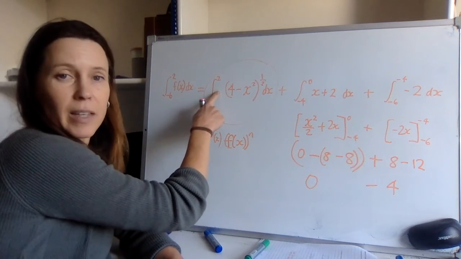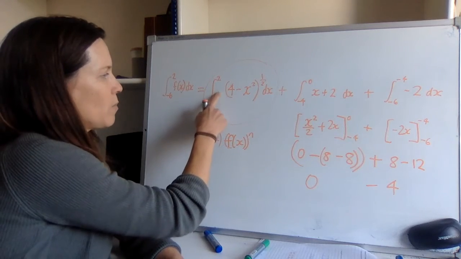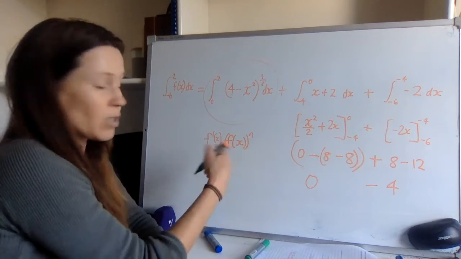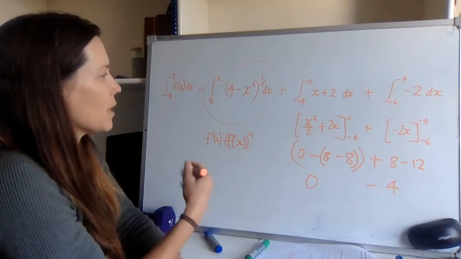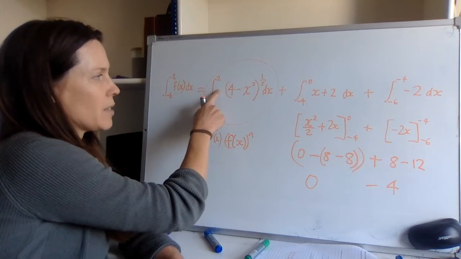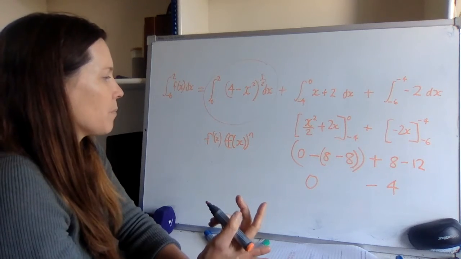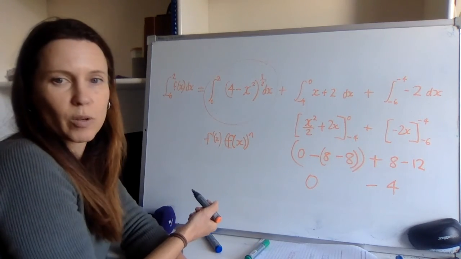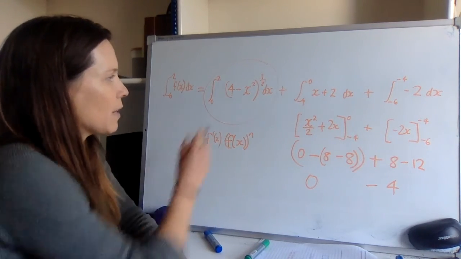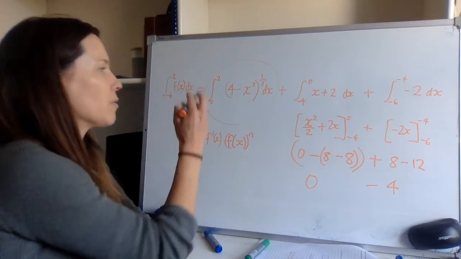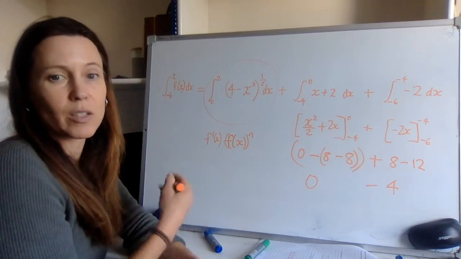If we had an x here and it wasn't minus 2x, we could make up for the constant by just dividing by a constant in our integral. But we don't have any x's there, and so we don't have the rules in this course to integrate that. So we need to be able to reason that it's a quarter of a circle to figure out that the area of that section is pi, so the value of the definite integral for that section is also pi.